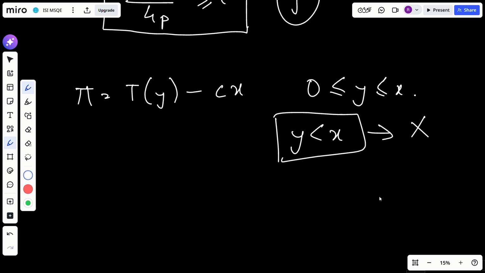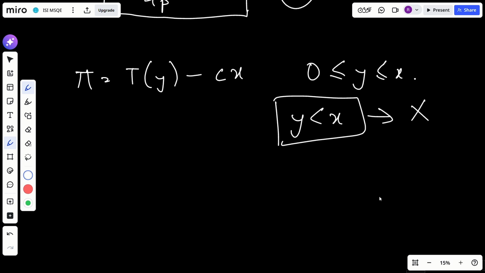Let's argue first. If x is strictly greater than y in the profit maximization case, then the monopolist can reduce its production, which is x, and reduce his cost due to that, and not change his revenue, so that his profit will go up if he reduces his x a bit.